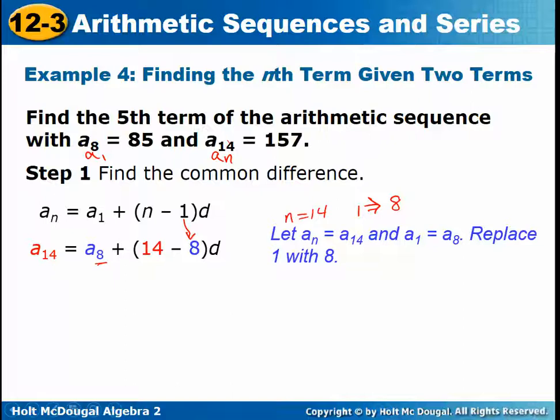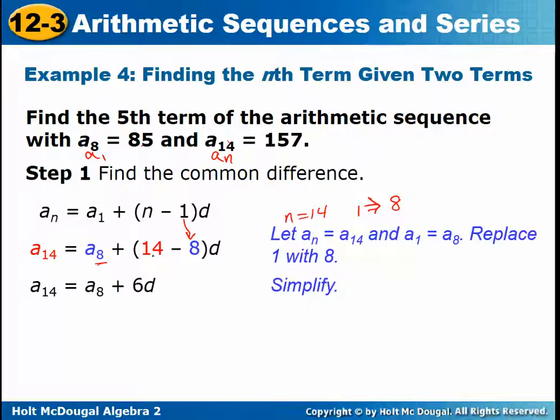All right, so we have a sub 14 equals a sub 8. I'm going to plug those in next. I'm going to use the 14 for the n, and 1 becomes 8, and then common difference of d. And remember, that's what we're going to be trying to find. So now I put a sub 14 in.